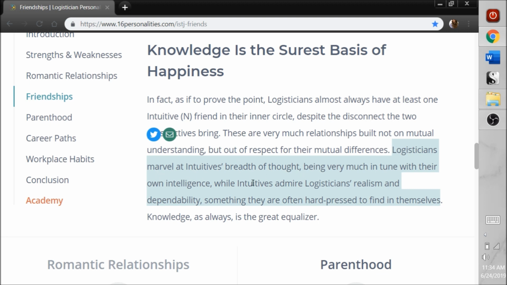And this sentence is exactly what it is, because she's an intuitive and has this breadth of thought that he appreciates because he's very much in tune with his own intelligence. And on the opposite end, she admires his realism and dependability because it's something that she doesn't find often in herself. And that totally sums up their relationship perfectly.